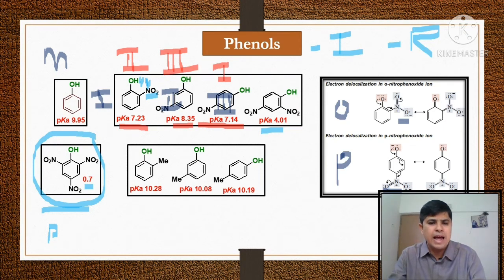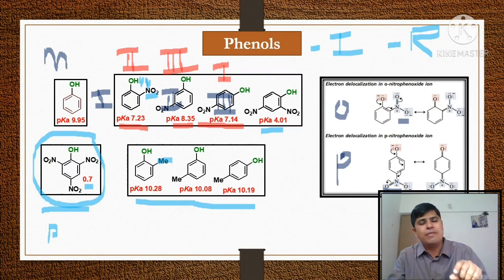Now when we have an electron donating group like methyl at the ortho, meta and para positions, see what is happening: the acidity of phenol decreases compared to normal phenol. The pKa value has increased, so we can say that the acidity of phenol decreases.